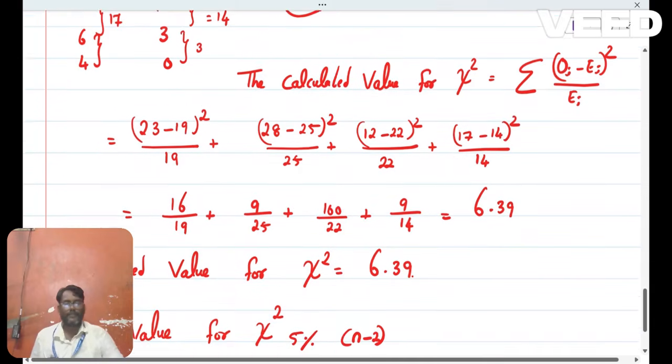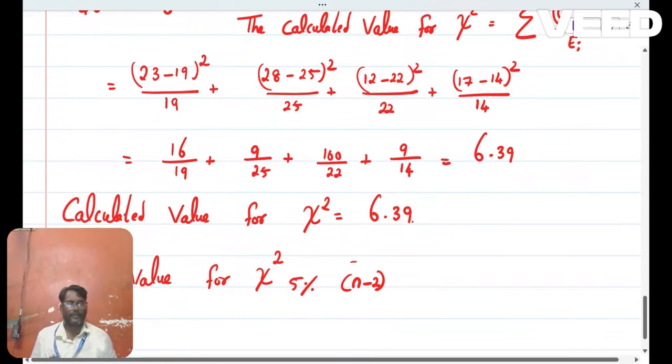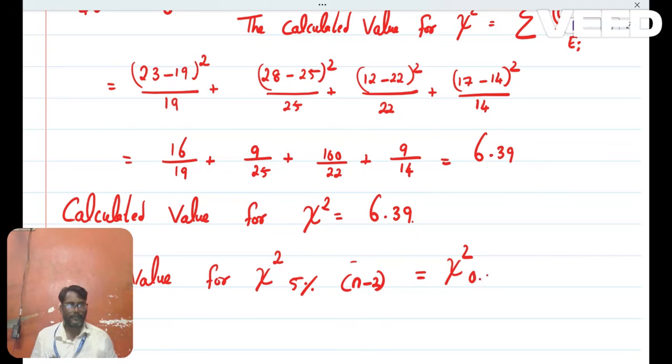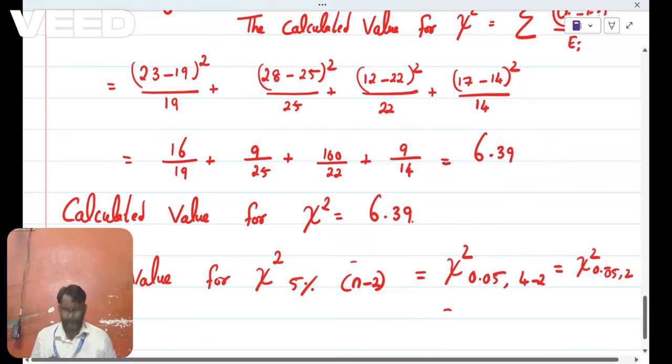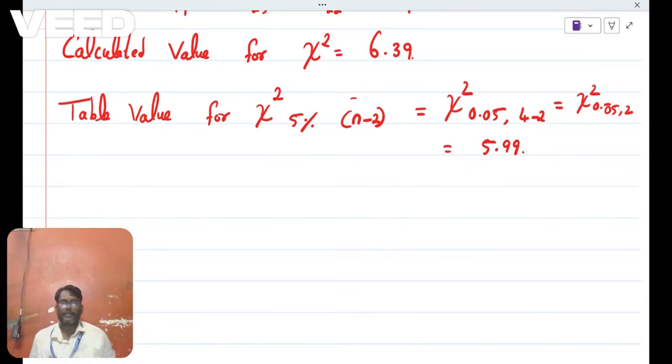So the table value will be chi-square at 5%, that is 0.05, comma 4 minus 2, which is chi-square 0.05 comma 2, which is 5.99.